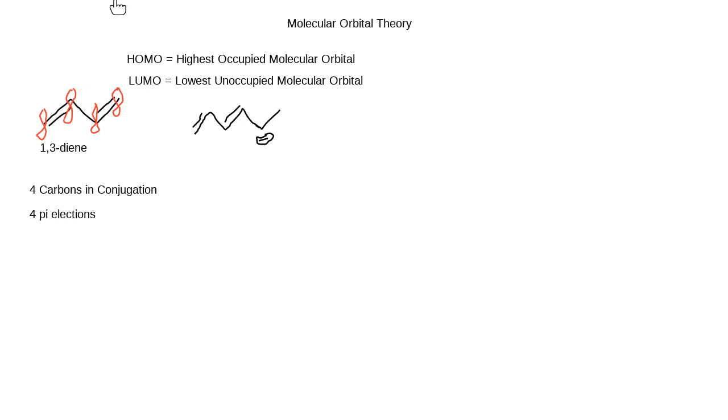Okay, so let's see what the answer would be if we were to look at our second structure. We have 1, 2, 3, 4 carbons that have the pi orbitals, but this resonance, this charge, is allowing for a 5th carbon to participate in this conjugation system, or resonance system. Okay, so the answer here would be 5 carbons in conjugation.